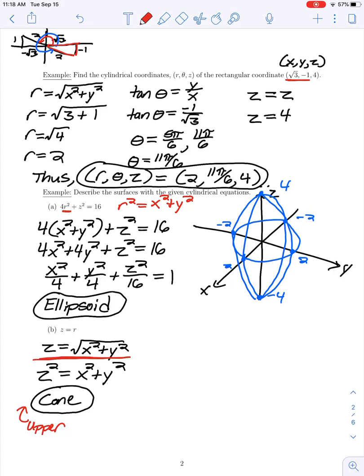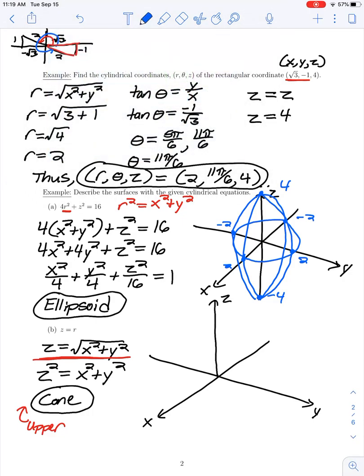So as a visualization here, from the xy plane, z, which is equal to r, we'll be describing the upper half cone, where our cross sections in any z plane are circles.